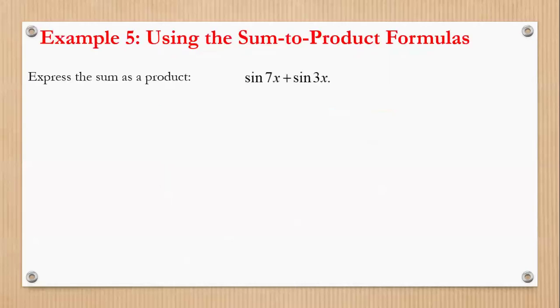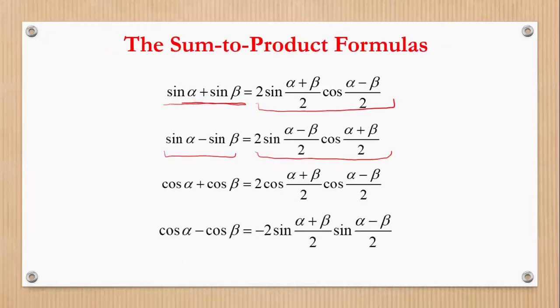Let's look at an example. We have a sum of sine of 7x plus sine of 3x, and we want to change it to product. So the formula for adding two sines is the first formula. So we need to use this formula and then change the sum to the product.